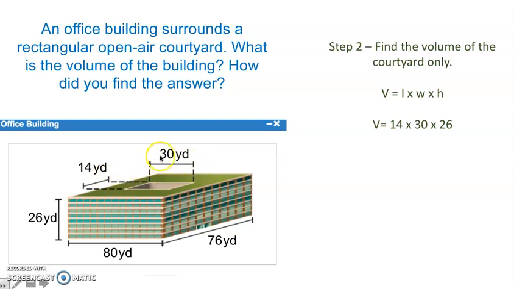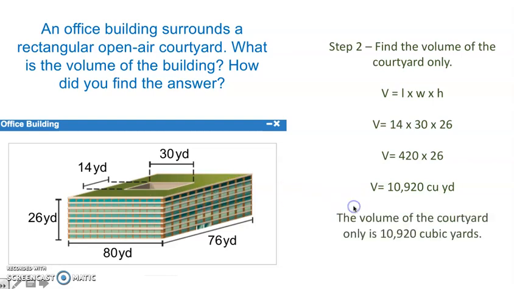The width is 30, and the height is still 26 because the courtyard isn't taller than the building. It's not shorter than the building. It's the same height. I'm going to use my multiplication strategies to find the length times width times the height. And this gives me the volume of the courtyard by itself, 10,920 cubic yards.